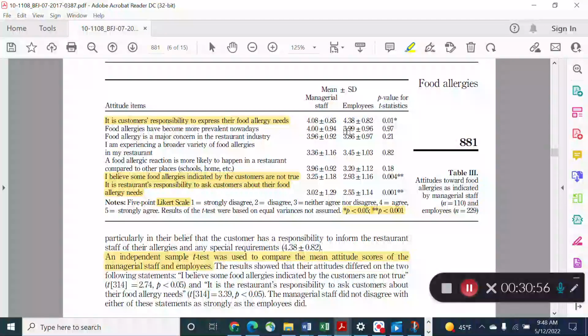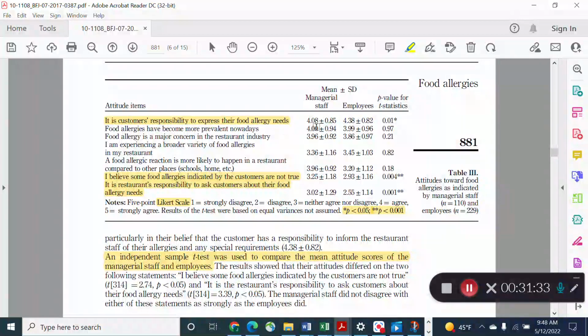And so the first one, and you'll notice that they did find a significant difference between their groups. And the single asterisk tells you that it was less than 0.05. And so that's why I think that there was a typo up a little bit higher where they said the p-value was 0.005. So here is this 0.05. So they did find a significant difference in their groups in the attitude toward it is the customer's responsibility to express their food allergy needs.